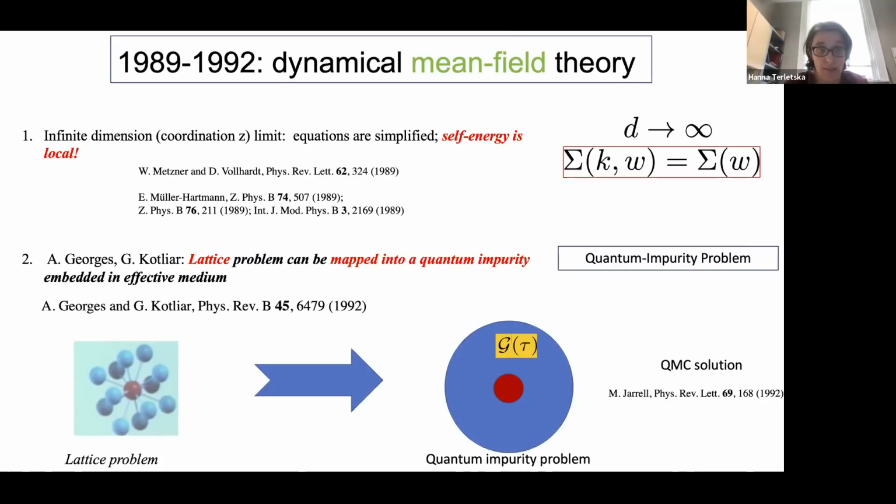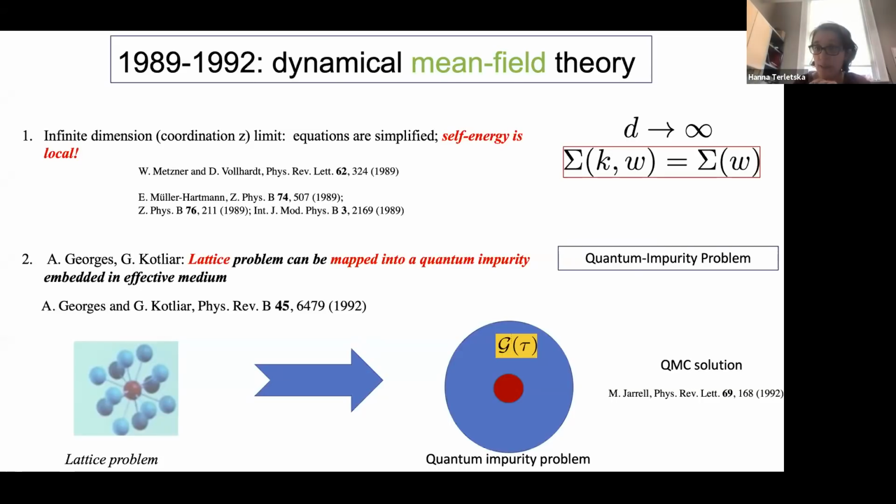At that time, Müller-Hartmann showed that in this infinite dimension limit, the self-energy is actually local for the Hubbard model. And that led to further development, brought up by Antoine Georges and Gabriel Kotliar: exploiting the fact that the self-energy in the infinite dimension limit is local, they showed that the lattice Hubbard model problem can be mapped into a quantum impurity problem embedded in an effective medium.